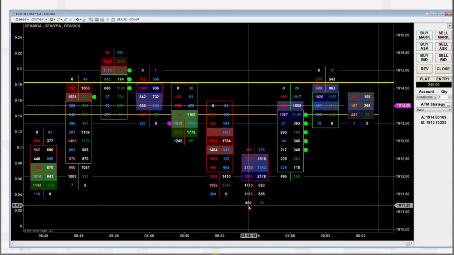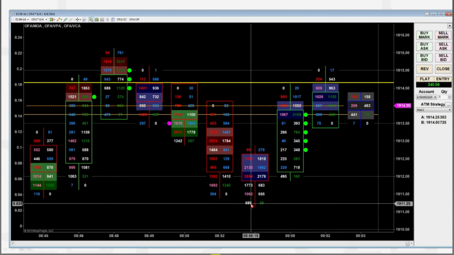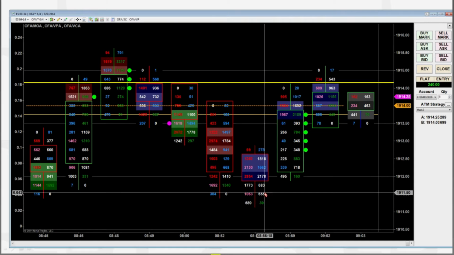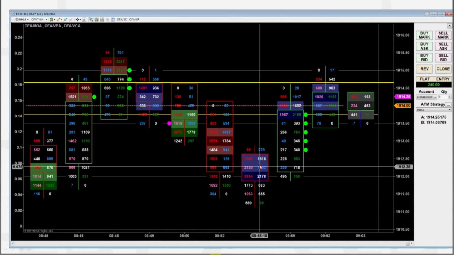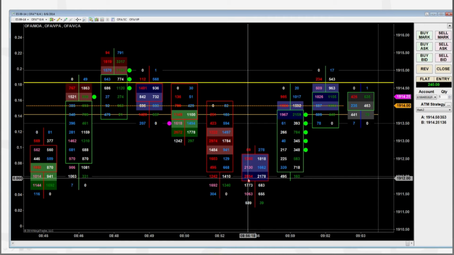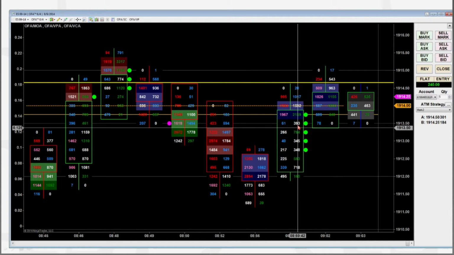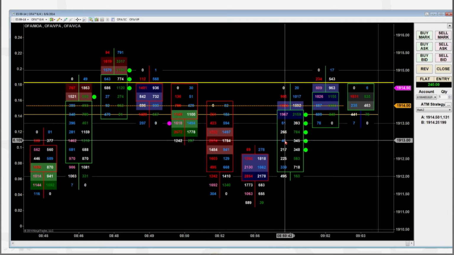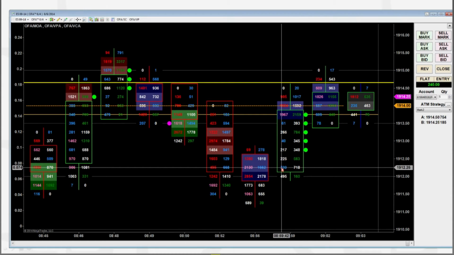Now it worked, but I didn't have anything in the print here that suggested that this was going to go higher. We had neutral cluster here, activity back at the bid. Price still went higher, but it went higher because sellers really didn't engage.